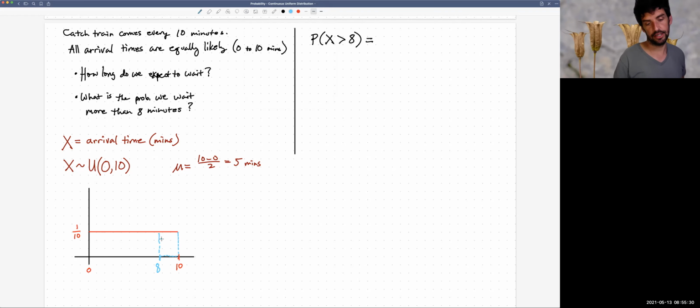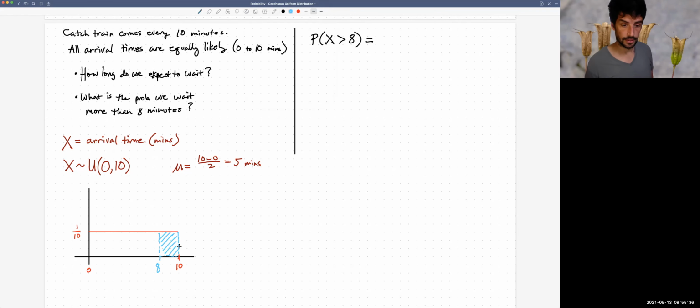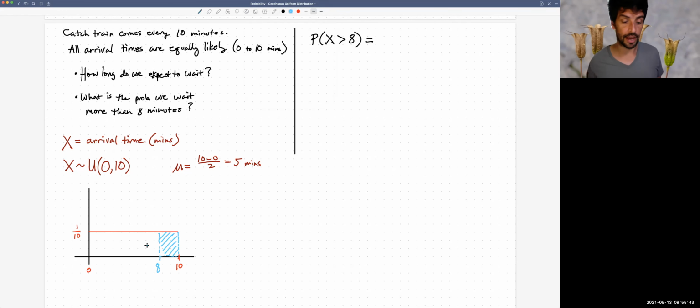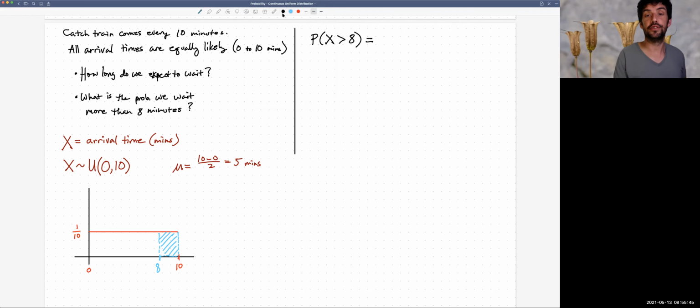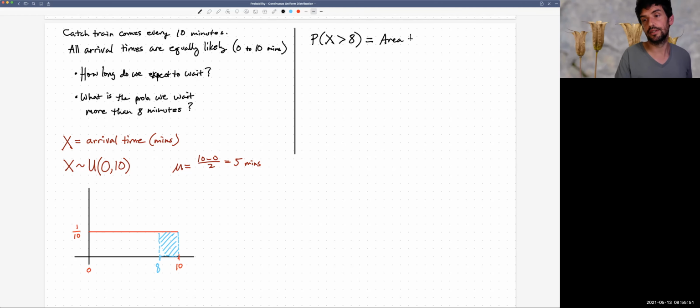We'll call this 8. So more than 8 means this rectangle here. That probability represents that we wait more than 8 minutes. So the probability that x is greater than 8 is the area of that blue rectangle, which is going to be the width times the height.